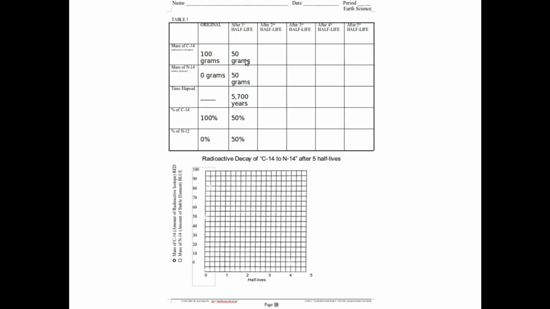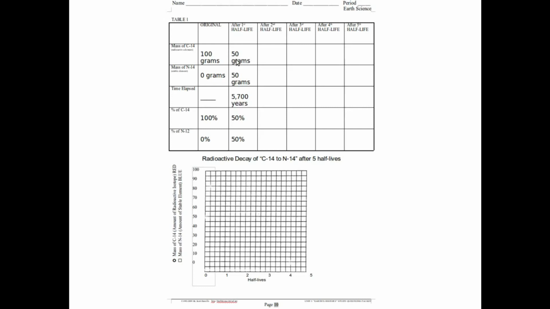So from a mathematical standpoint, being able to calculate the amounts of radioactive to stable end product is simply a matter of simple math. What we're going to do for each half-life is take this number that we begin with. In this case, after one half-life, we'll have 50 grams of radioactive material. We'll take this amount and we'll cut it in half.